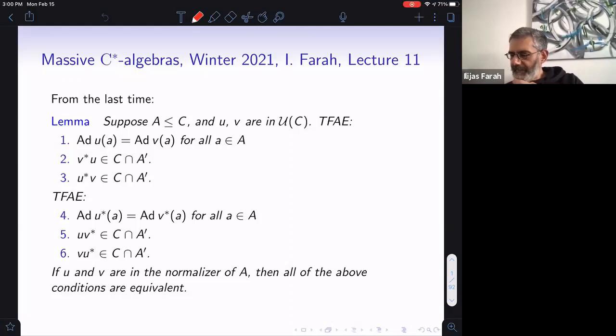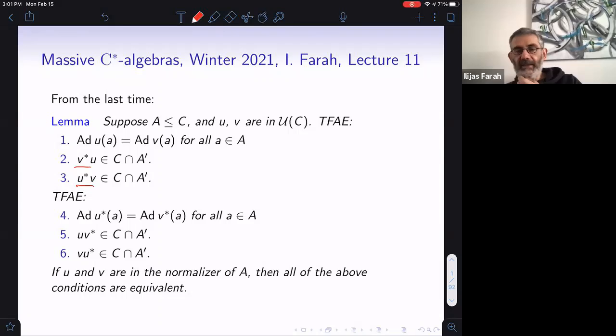If we have a C star subalgebra A of C, and U, V are unitaries in the big algebra C, then the following are equivalent. 1: Conjugation by U agrees with conjugation by V on the algebra A. 2: V star U is in the relative commutant. 3: U star V is in the relative commutant.